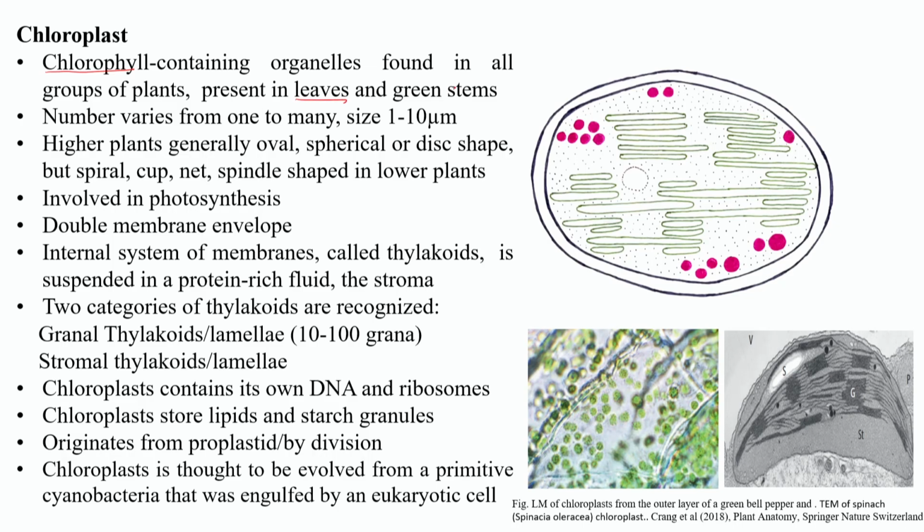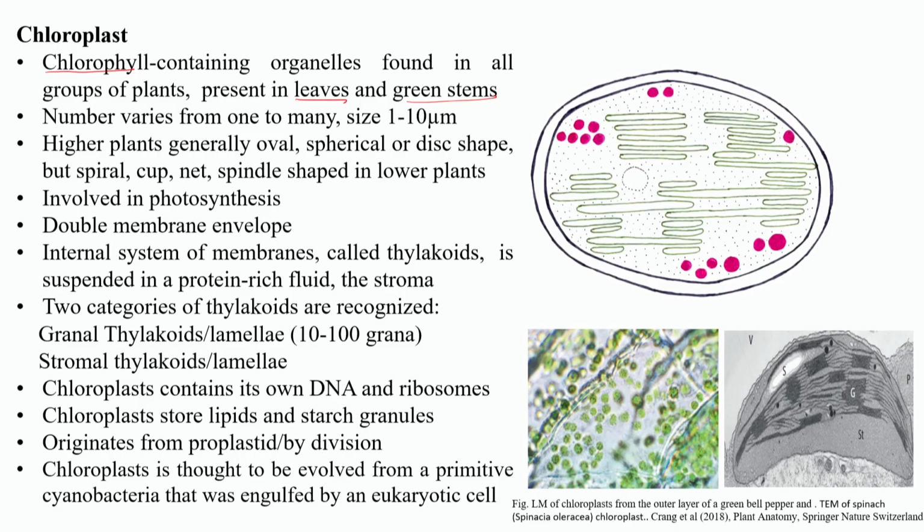If we observe chloroplast under a simple light microscope, they appear in the form of green dots, as we can see here. This picture is taken under a simple microscope, and we can see green dots of plastid in the cell.